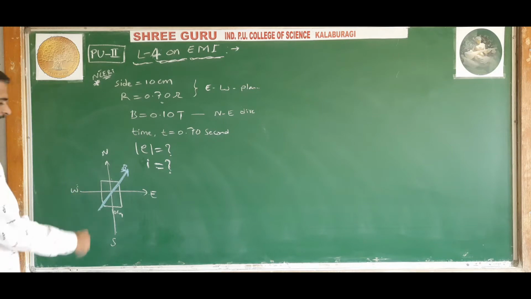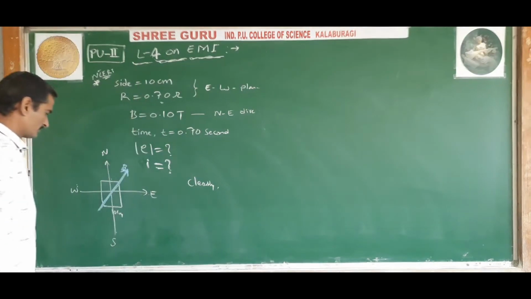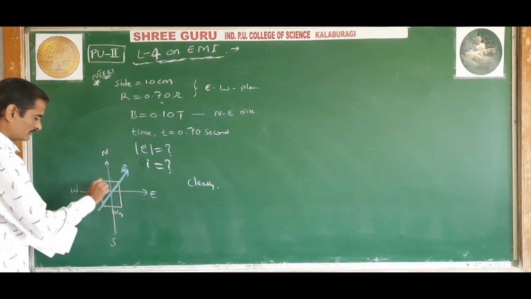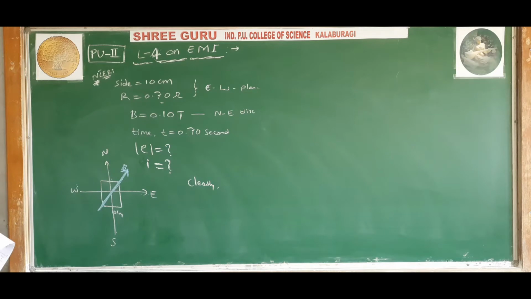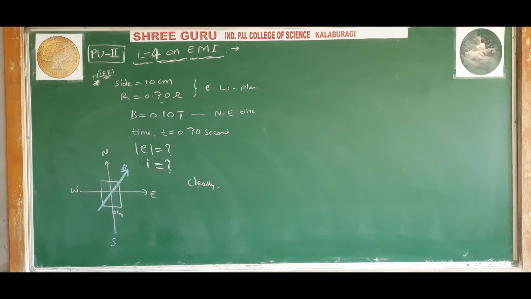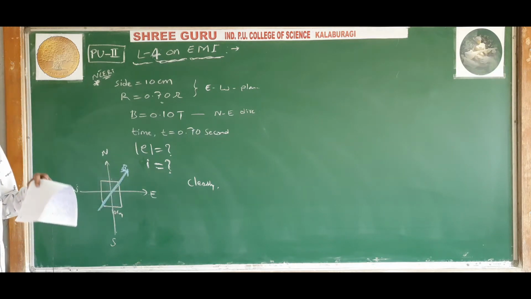Okay. So from the figure, clearly, the normal drawn to the plane of the coil makes an angle of 45 degree with the magnetic field.